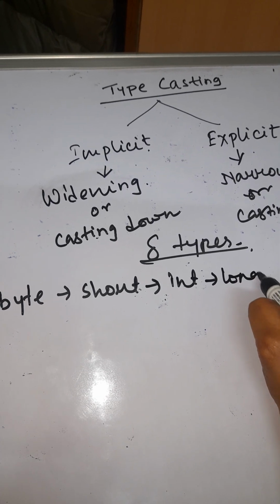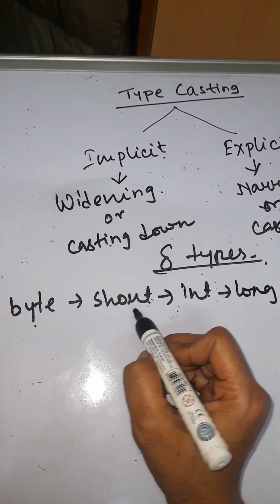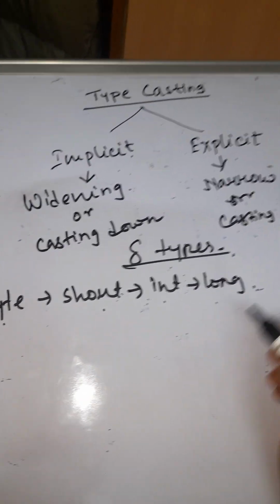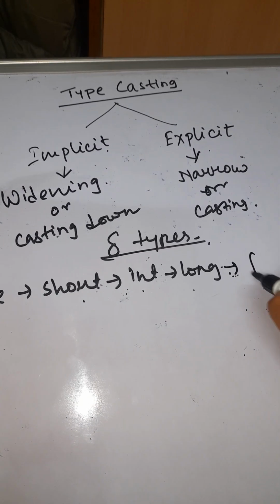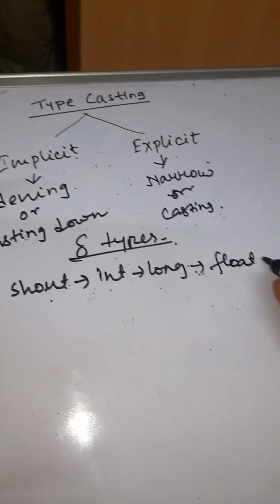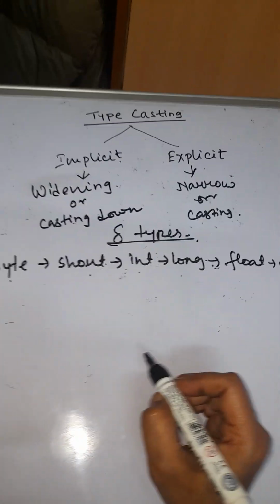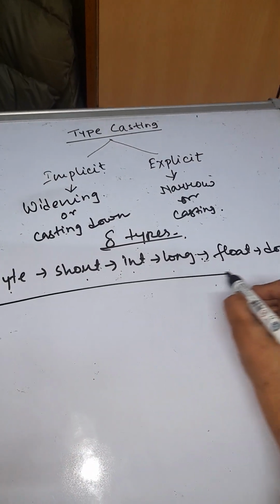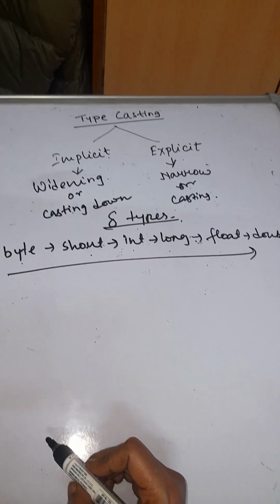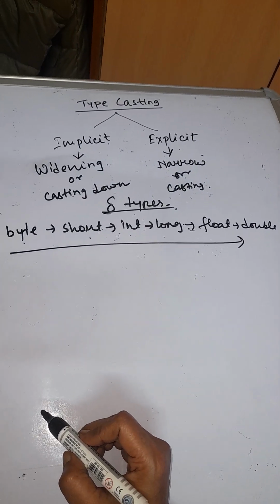We know these are 8 bits, 16 bits, 32 bits and 64 bits, and then float and the last one is double. Clear? So according to the size it is like this: byte, short, integer, long, float and double.